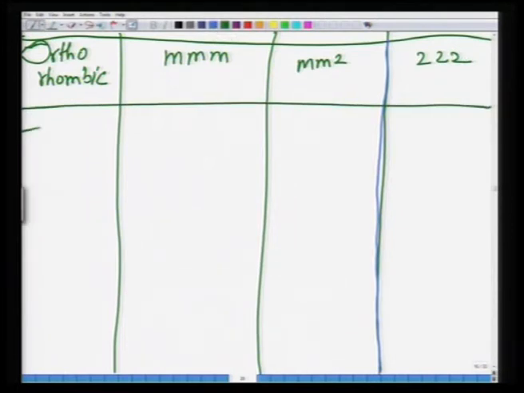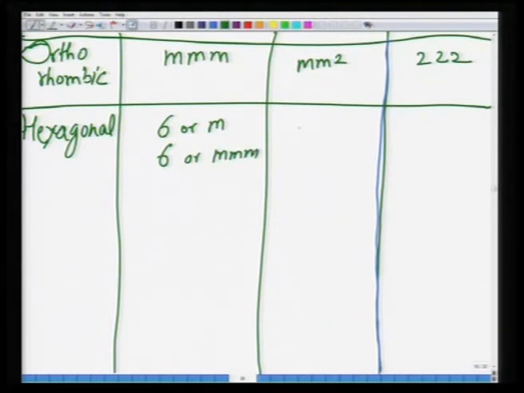Now it is trigonal. In case of trigonal, oh no, it should be hexagonal. In case of hexagonal, it will be 6/m, 6/mmm, and here it would be 6mm, and it would be bar 6 m2 and 622.